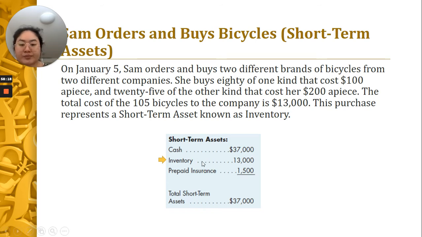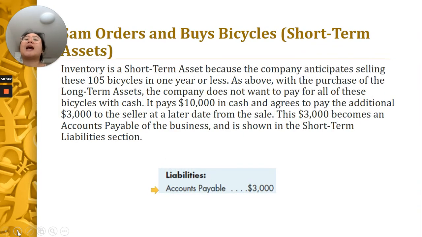So you add the inventory to the short-term assets. The inventory cost is 13,000, and the prepaid insurance is the same, so the short-term assets will equal 37,000. The next is Sam orders and buys bicycles as a short-term asset.